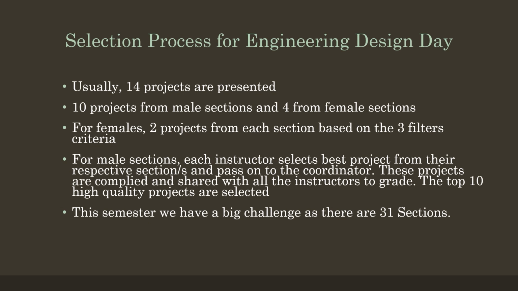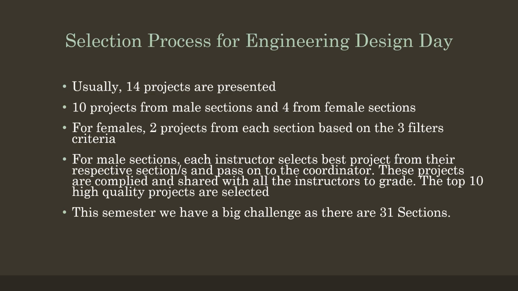In your case, it's me, so you should forward them to me. For example, with 31 sections, if each instructor gives me 2 or 3 projects, I will get about 70-80 projects.